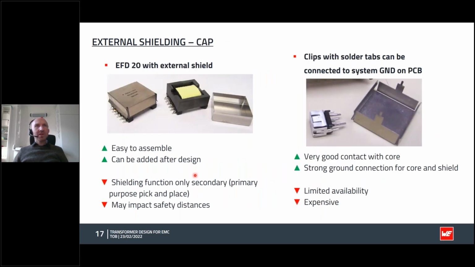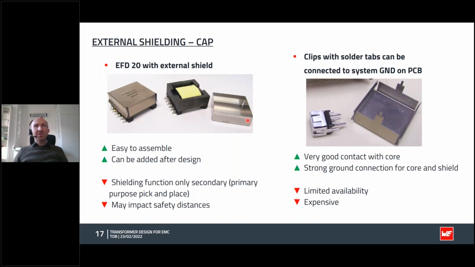Some other things that can be done for SMD components: we typically need some flat surface on the top, and the flat surface is usually created by some sort of cap we place on the top of the core. If this is a metal cap, then it can provide some shielding, as it reflects some of the currents back.